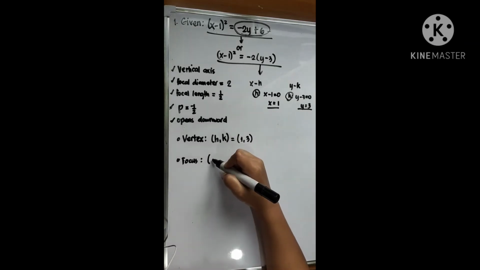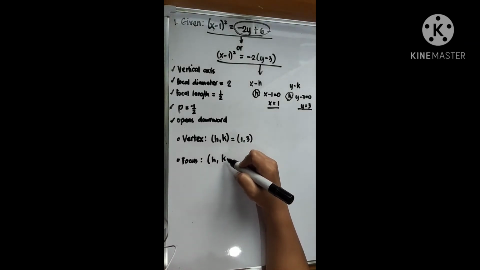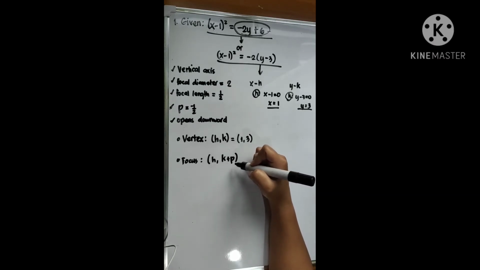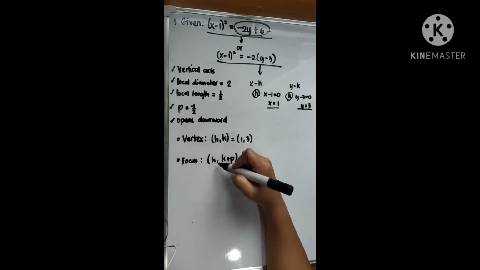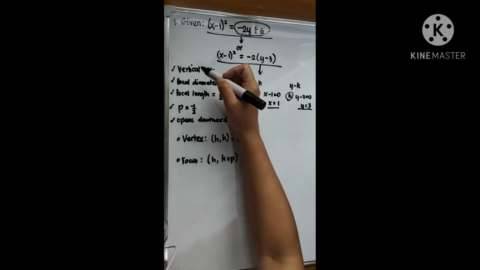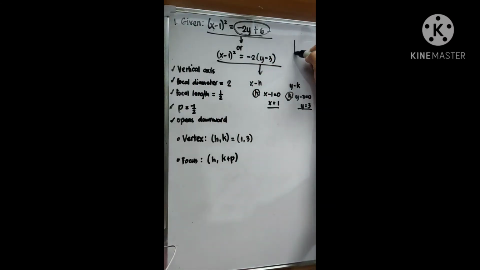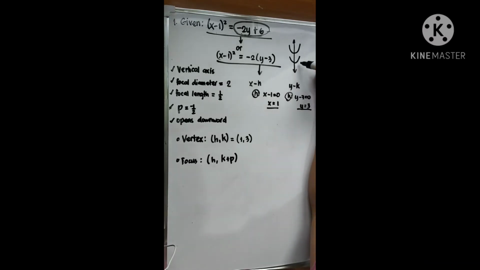For the focus, we have (h, k plus p). So why do we have k plus p here? Why not h plus p? It's because our parabola has a vertical axis. So try to imagine our parabola has this axis and it can open here or it can open here. So we have a specific value of x here with adjustments in the values of our y.